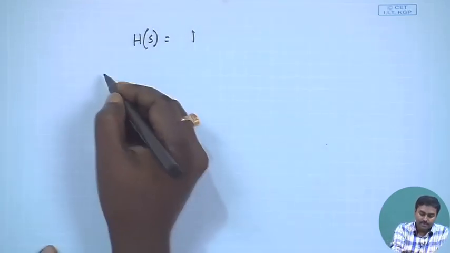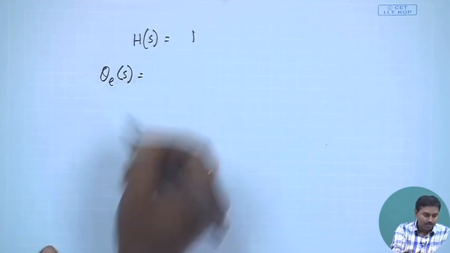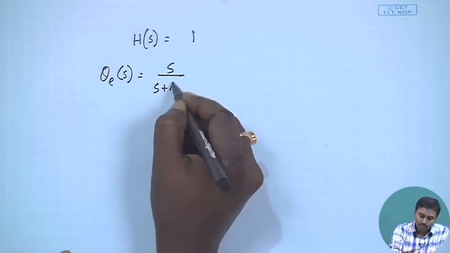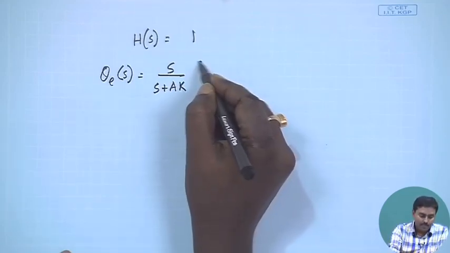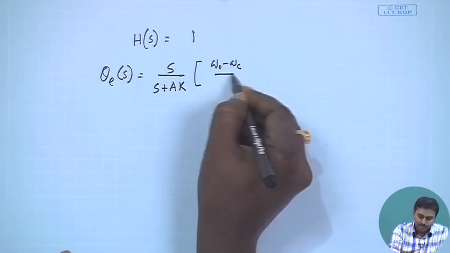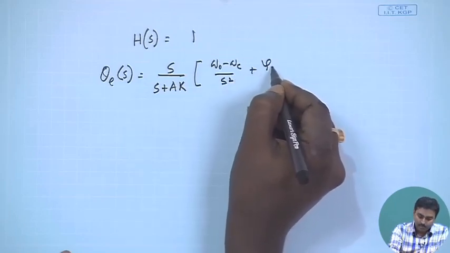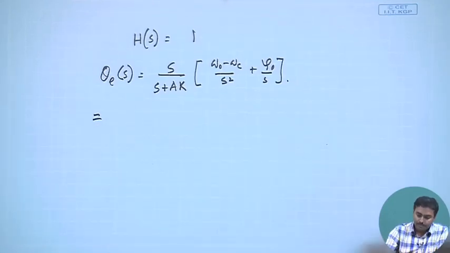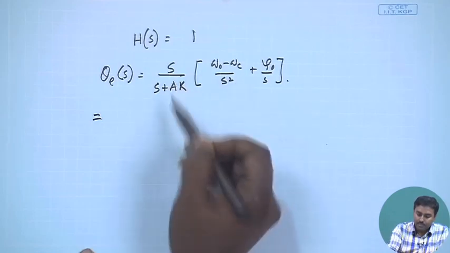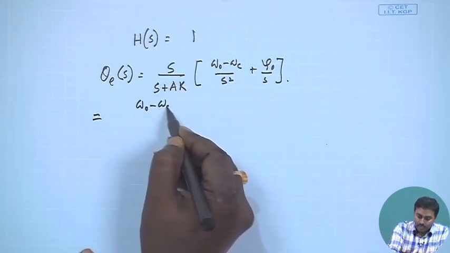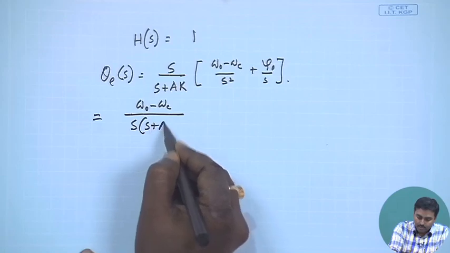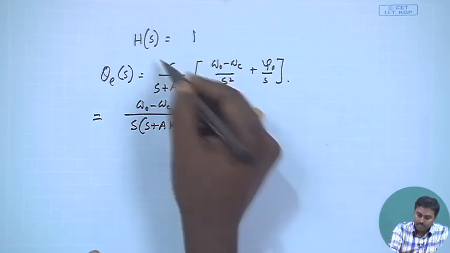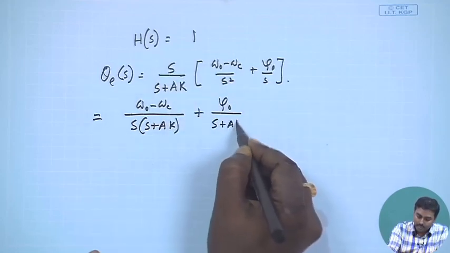So, if I just replace that, my theta e(s) must be S by (S plus A k), since H(s) becomes 1, and I do have (omega 0 minus omega c) divided by S square plus phi 0 by S, right. This I can write, see this should be (omega 0 minus omega c) divided by S into (S plus A k), right, plus phi 0, S gets cancelled, so it is S plus A k.